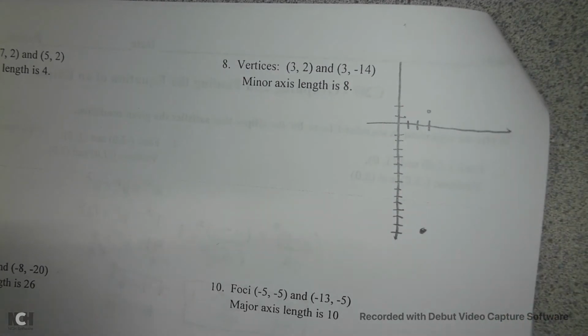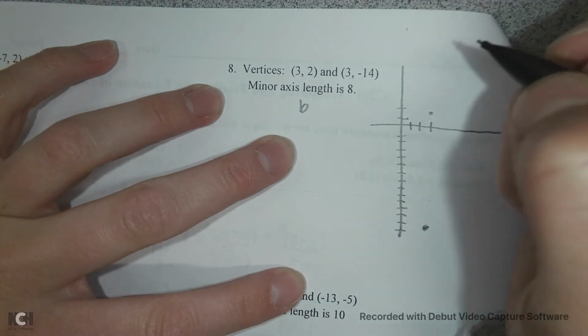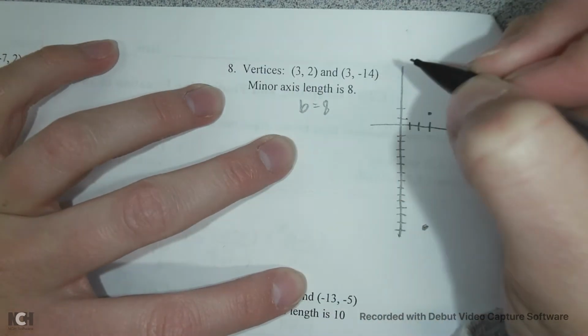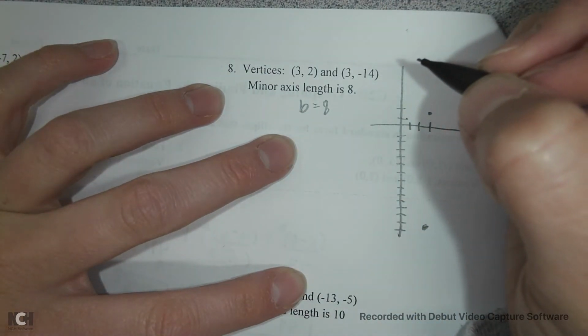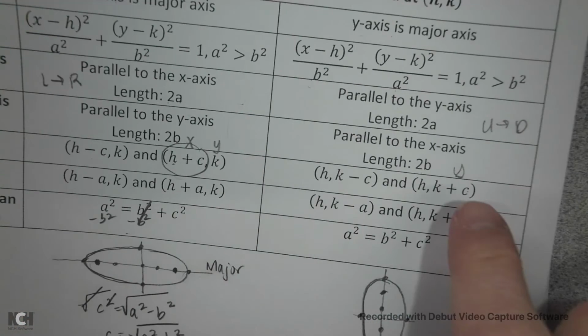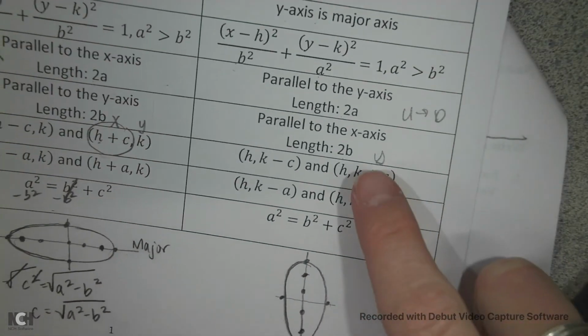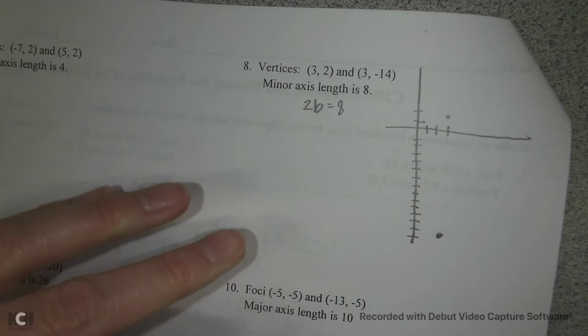All right. We know that the minor axis length is 2b, so 2b is equal to 8.